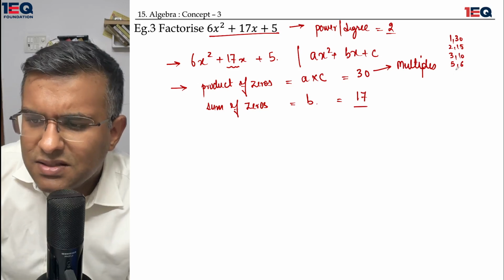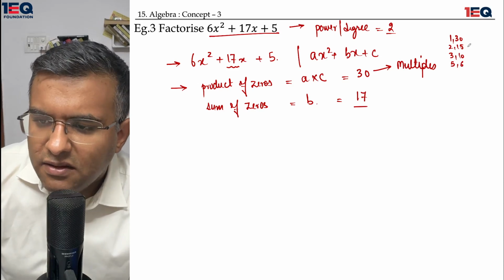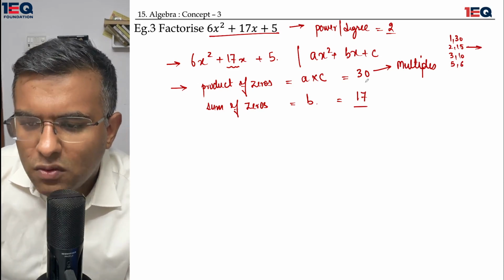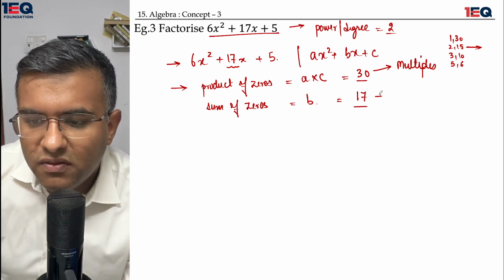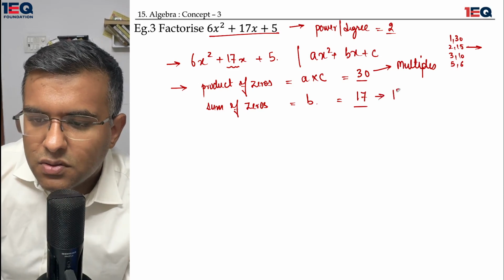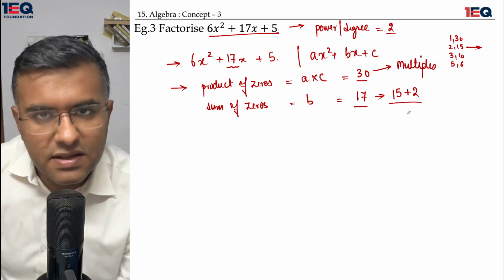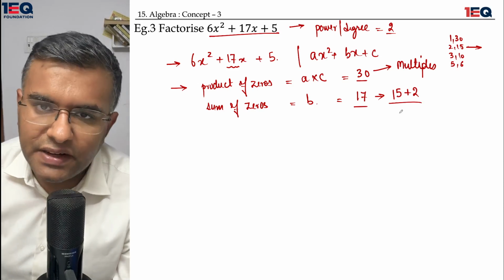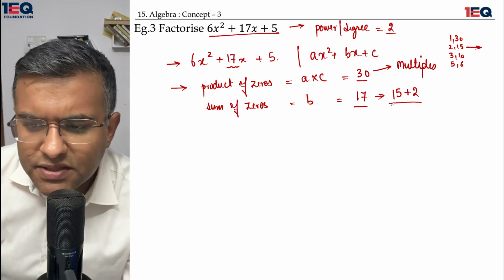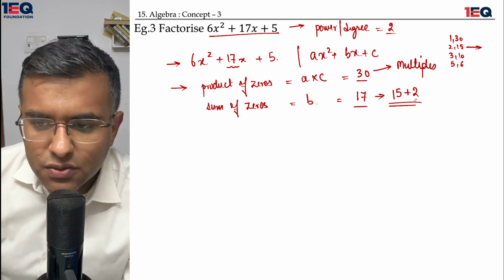Is there anything else? 6 comma 5, that is the same thing. So I can clearly see that when 15 is multiplied with 2, we get 30, and when 15 is added to 2, we get 17. So 15 plus 2 is 17. I hope you get it straight.